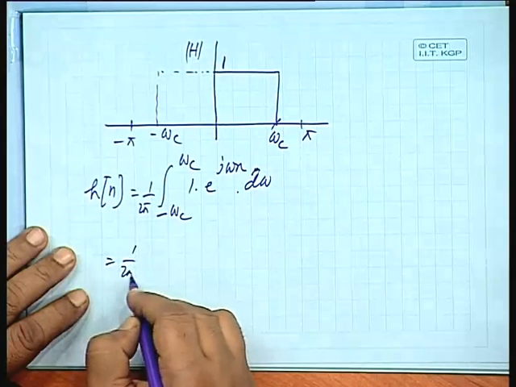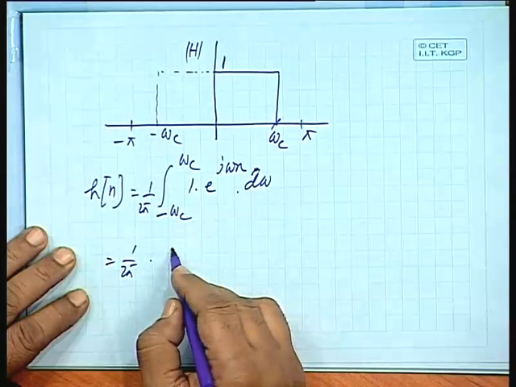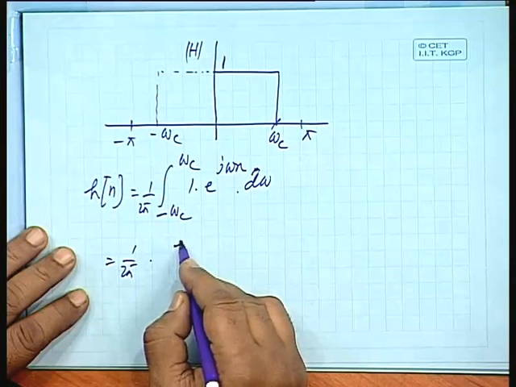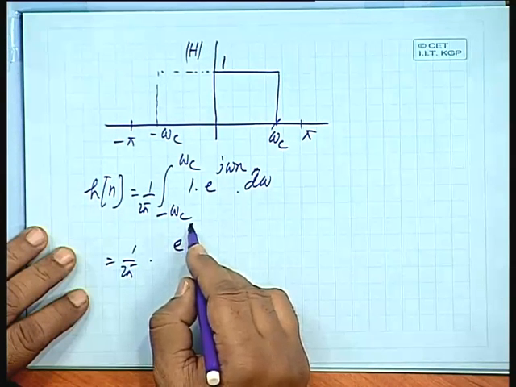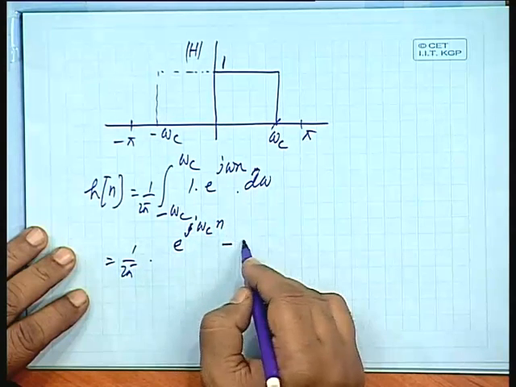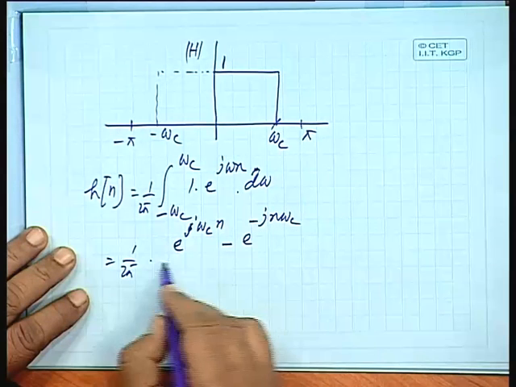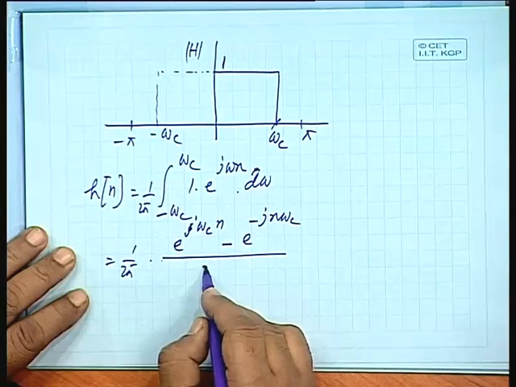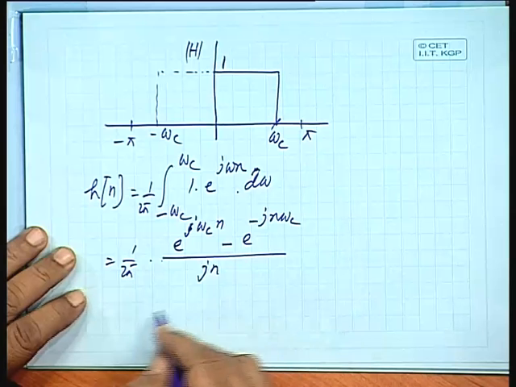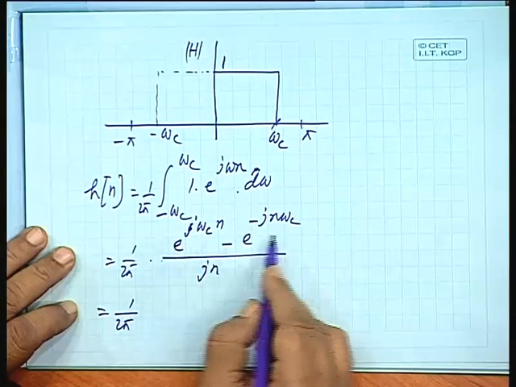1 by 2 pi, e to the power j omega n divided by j n, so it will be e to the power j omega c n minus e to the power minus j n omega c divided by j n, which is 1 by 2 pi times 2 j sin omega c n divided by j n.